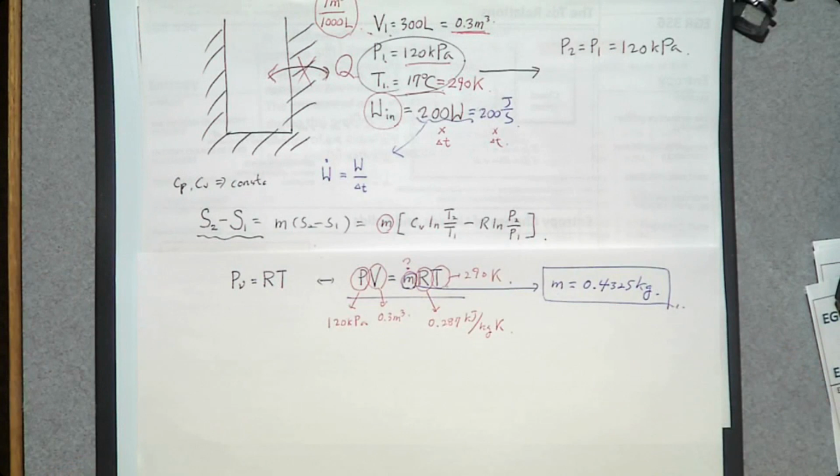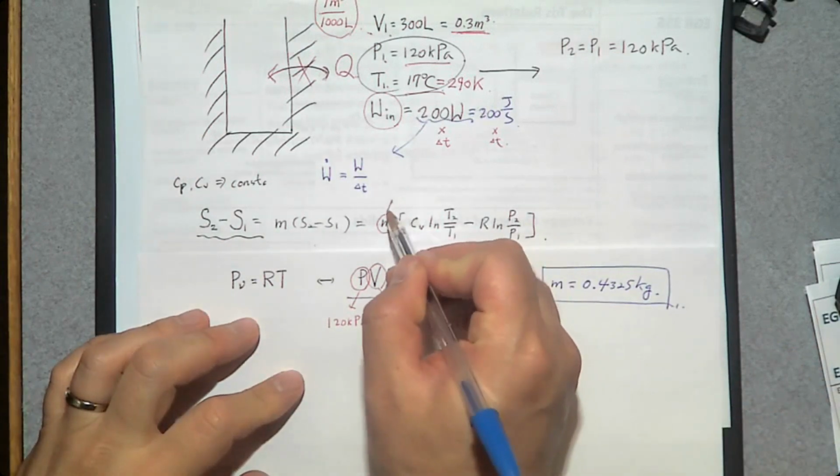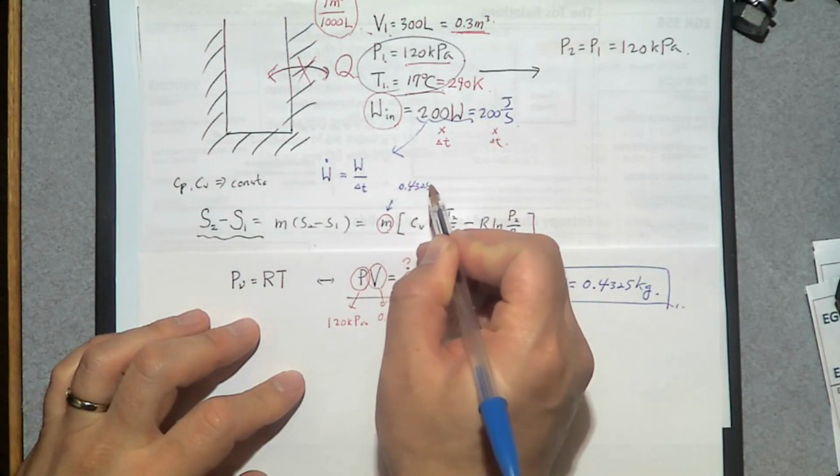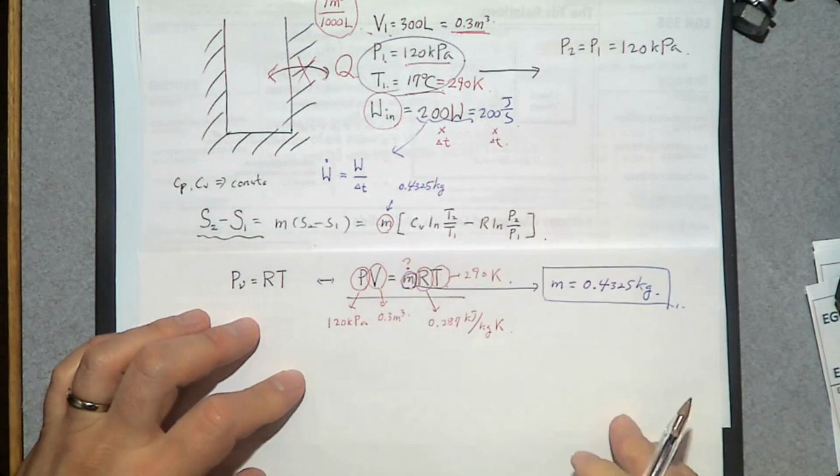So we can use this ideal gas equation to determine the mass of the system that goes in this entropy equation. So this mass is 0.4325 kilograms.